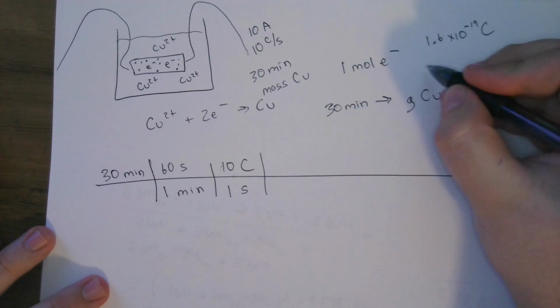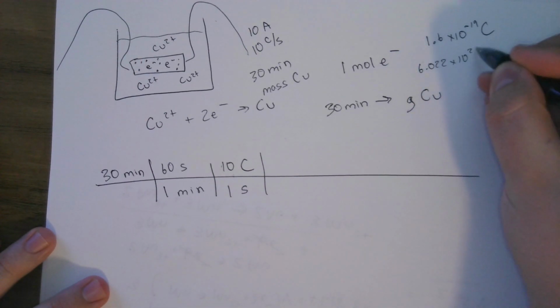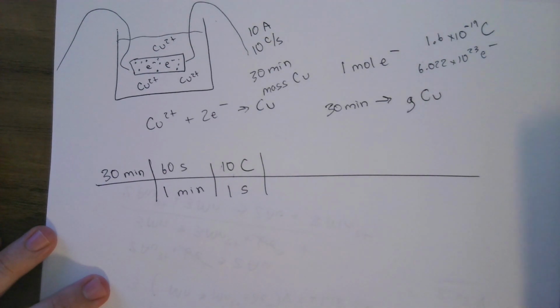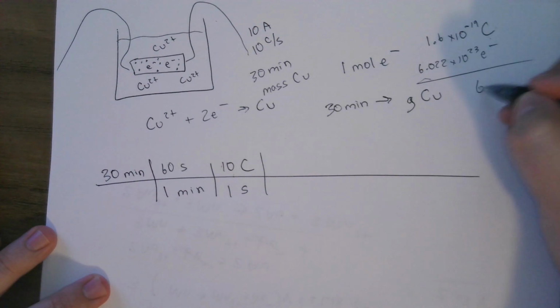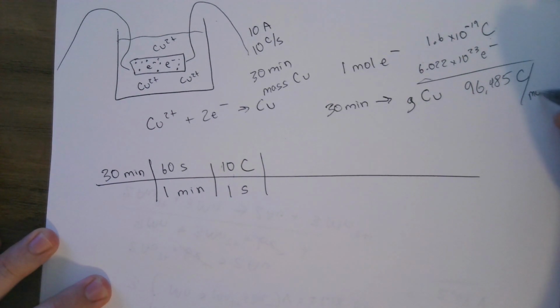Remember that 1 mole of electrons is 6.022 times 10 to the 23rd electrons. So if I want to see how much total charge that equals, I'm just going to multiply these two numbers. This is the charge of a single electron. This is how many electrons I have in 1 mole. And the number comes out, I think it's like 96,485 coulombs per mole of electrons.